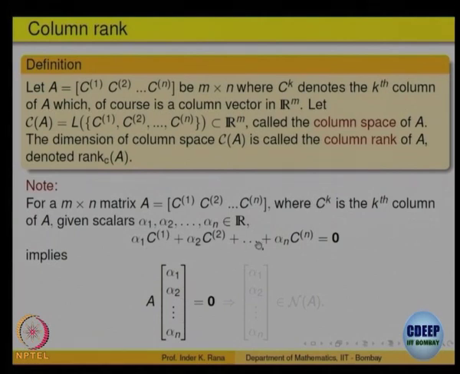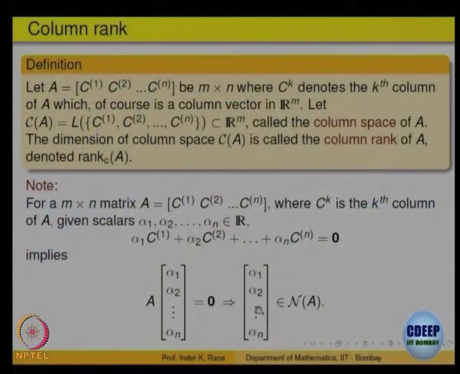This linear combination can be written as this, and that means the vector alpha 1, alpha 2, ..., alpha n is a solution of the homogeneous system, A x equal to 0. So, this vector belongs to the null space of A. Remember what was defined as the null space? All vectors x such that A x is equal to 0. So, a linear combination of columns equal to 0 gives you an element in the null space, an observation which we will use later on.